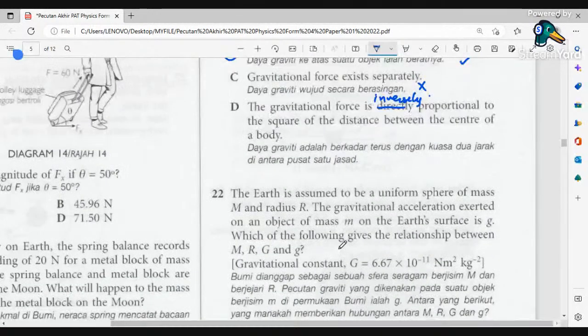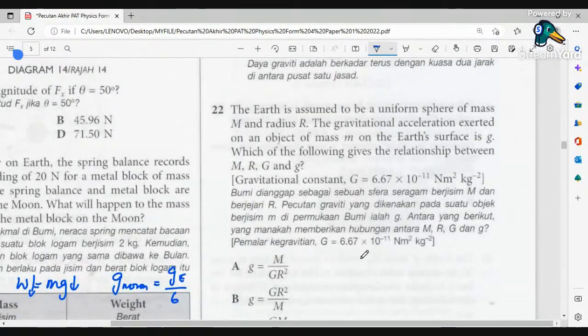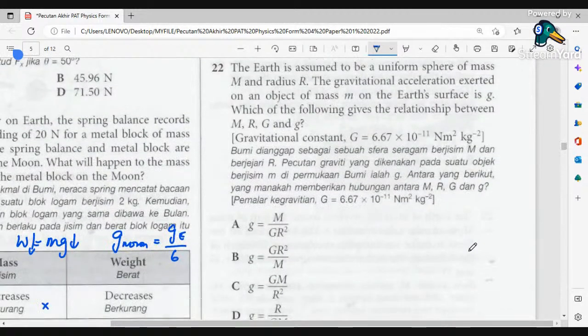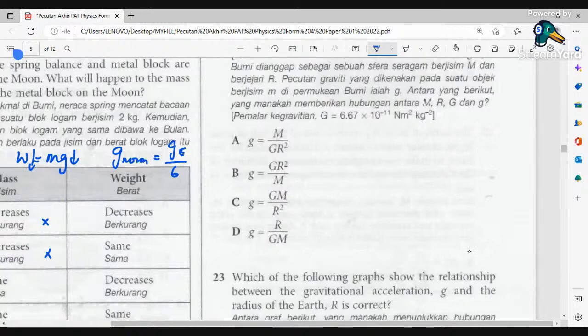Number 22. Earth is assumed to be a uniform sphere of mass M and radius R. The gravitational acceleration exerted on an object of mass m on Earth's surface is g. Which of the following gives the relationship between M, R, capital G and small g? We only use these formulas. F equals mg, and at the same time also equals G M m divided by r squared.